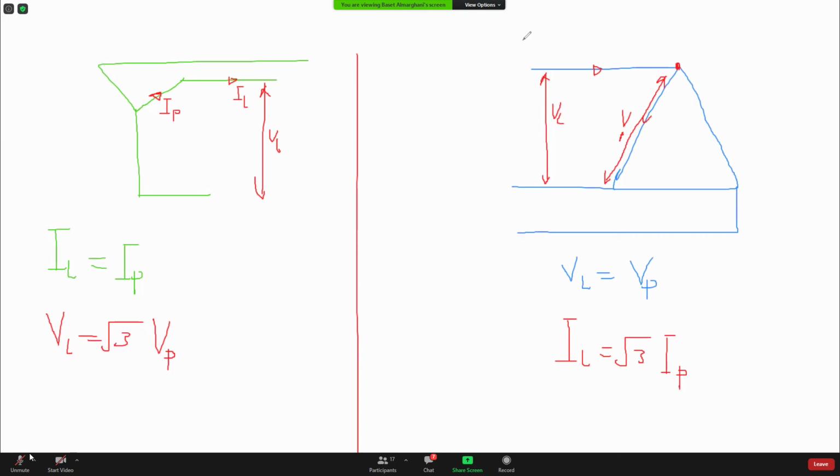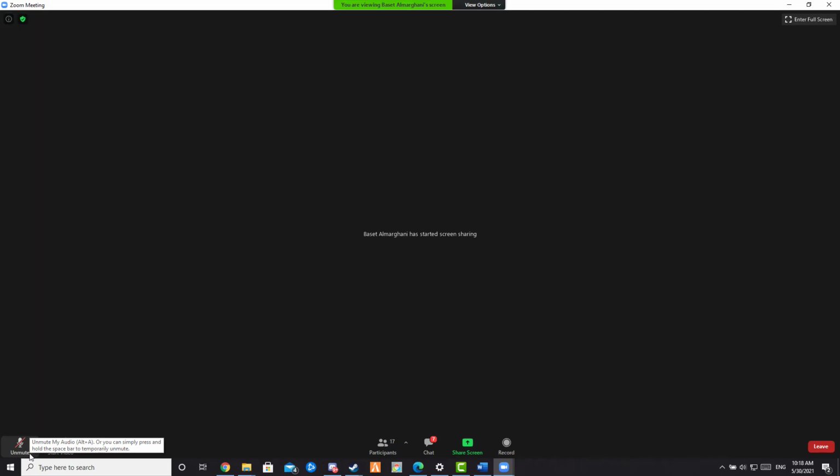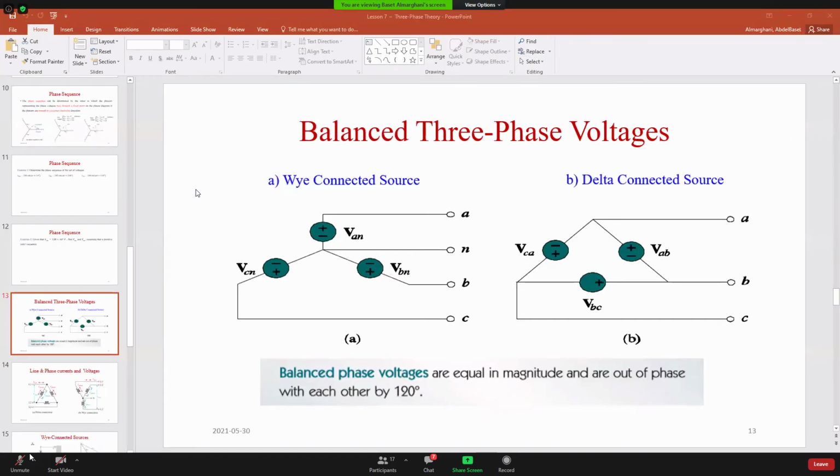Okay, can I clear this and go to the lecture? I don't have a lot of time, but I'm just going to go through it very quickly. This is where I stopped last time. These are the two connections for the sources.